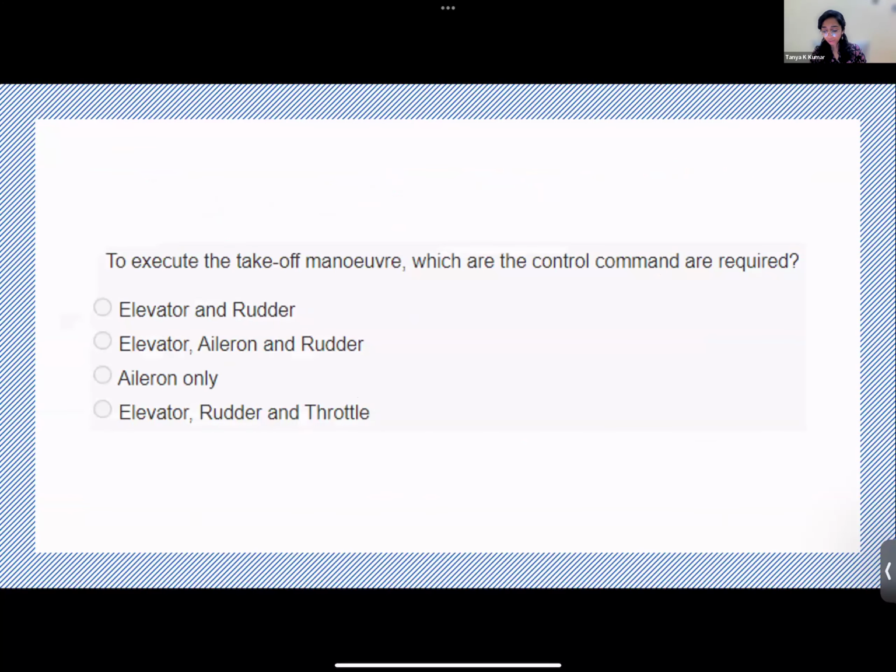To execute the takeoff maneuver, which are the control commands that are required? Is it only elevator rudder, elevator aileron only, elevator rudder throttle? Which would it be?